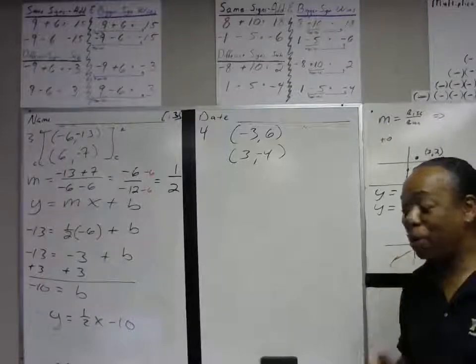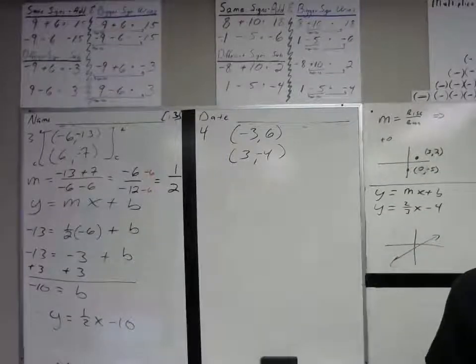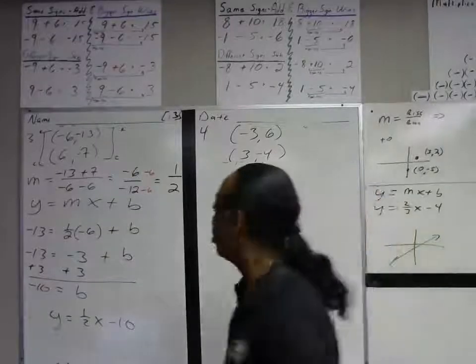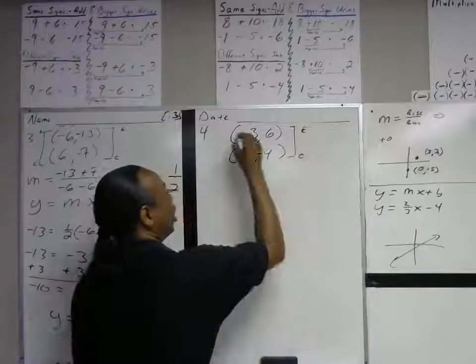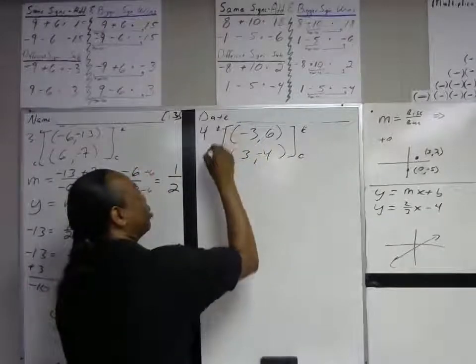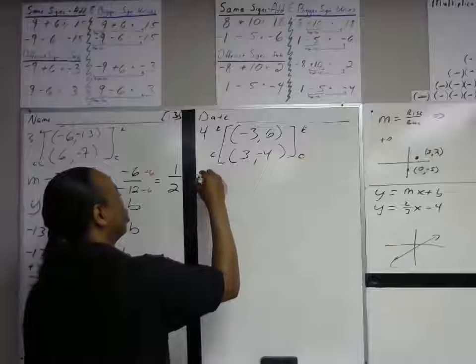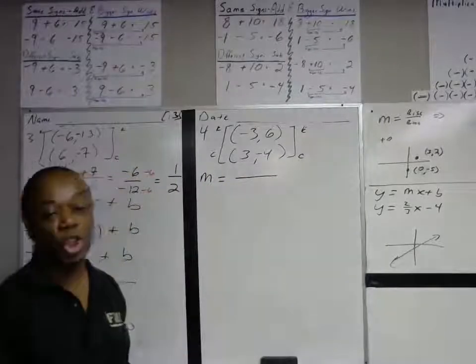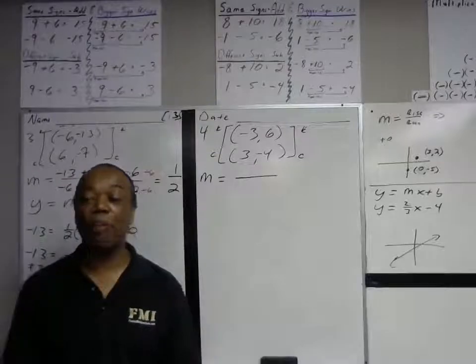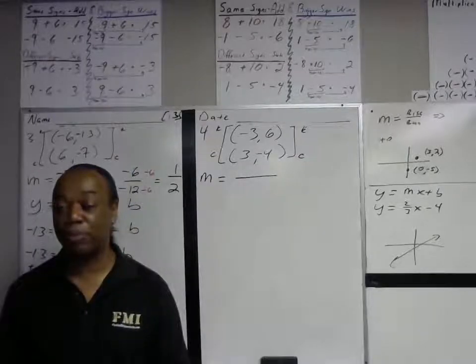Okay, good. Okay, here we go, guys. Last one. We want to go for the slope. So let's do keep and change again. Keep, change, keep, change. So for your slope, you're going to keep the 6, but change the -4.